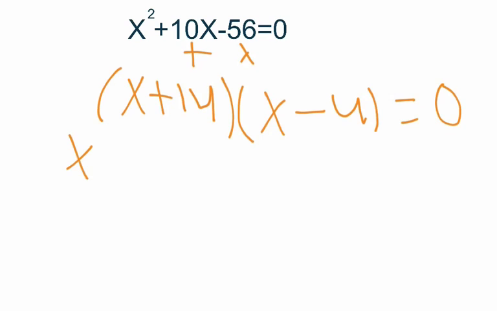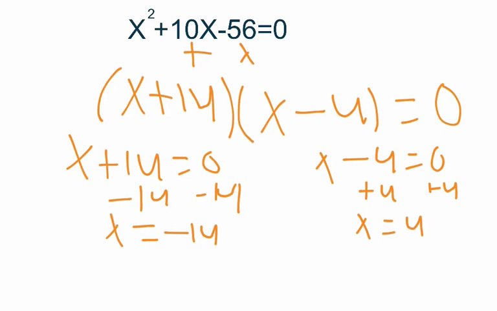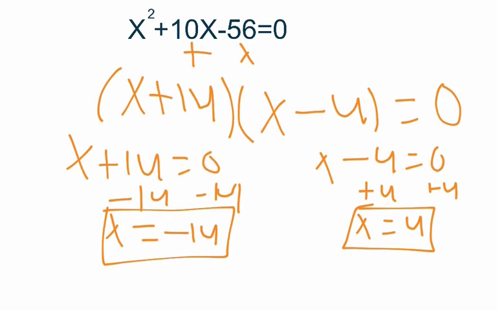Then we get x plus 14 equals 0, and we subtract 14 from both sides, and we get x equals negative 14. On the other one, x minus 4 equals 0, and we add 4 to both sides, and we get x equals 4.